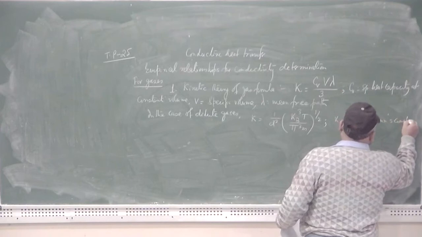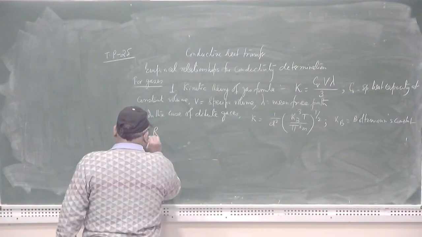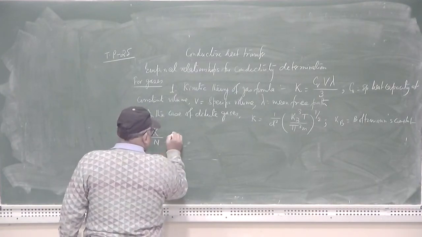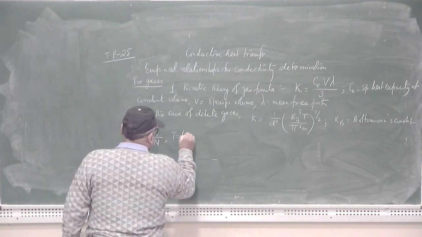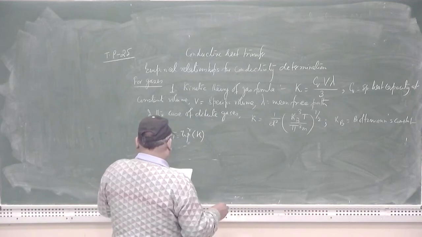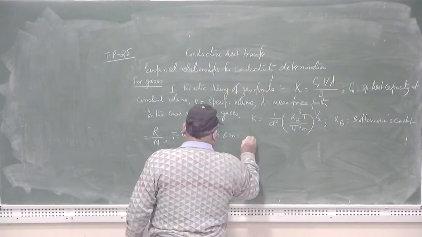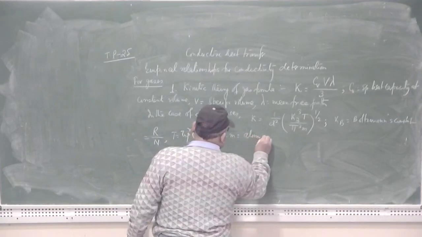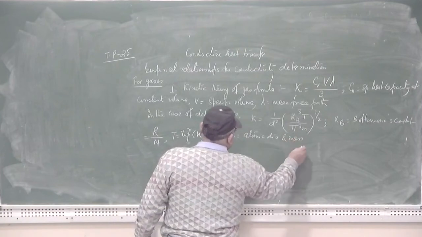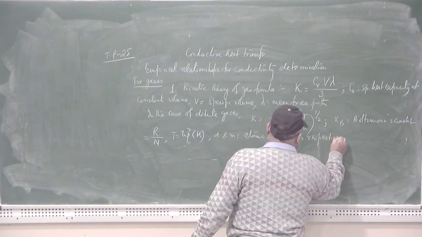This is defined as R divided by N, the gas constant divided by Avogadro number. T is the temperature in Kelvin scale. d and m are the atomic diameter and mass respectively, and pi is the constant.